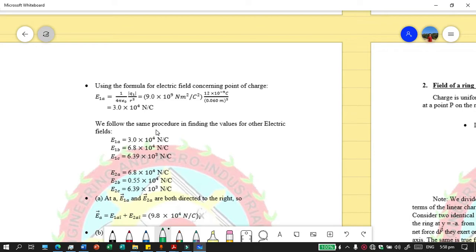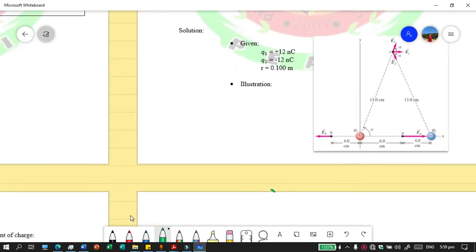Ang magbabago lang dito is yung R natin. Yung R natin dito is iba. So this is B, R, C naman natin dito is iba. So kung yung R natin dito sa RA is 0.060 meters, dito naman sa B natin, ano nga yung sa B natin?